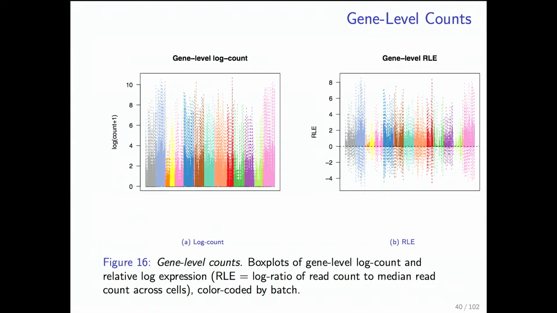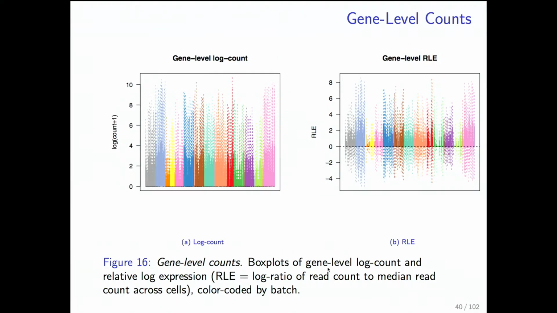These are box plots of the gene level log counts for each of our samples. Each box plot is tiny, very narrow, because we have 600 or so cells in here. So a box plot for each cell of the log counts, color-coded by batch. A more informative display is the box plot of the RLE for each sample.